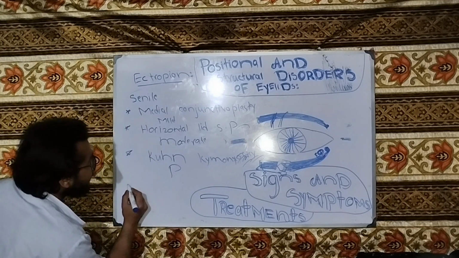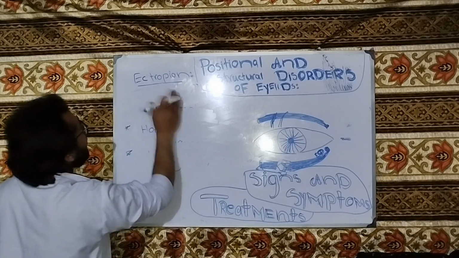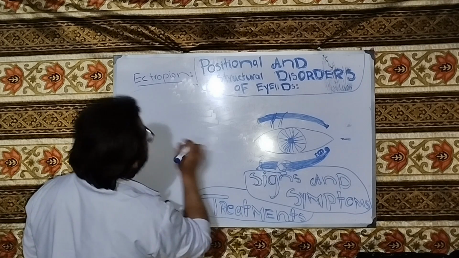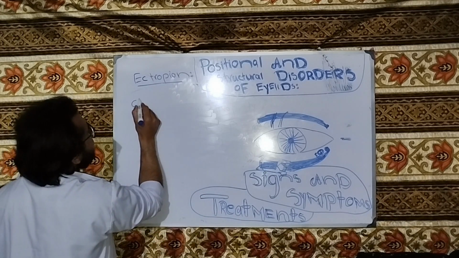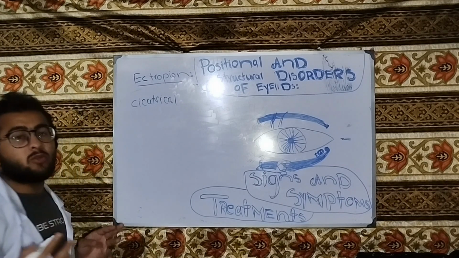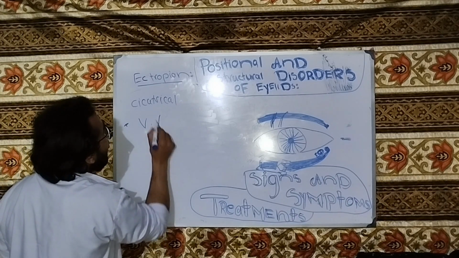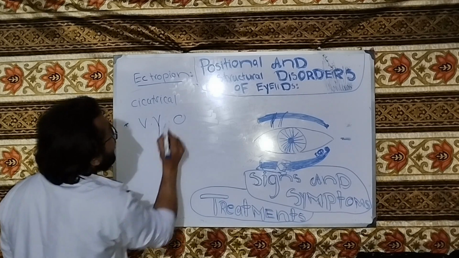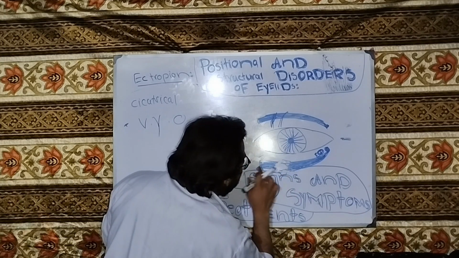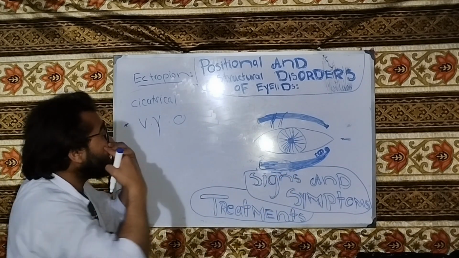Now in cicatricial ectropion, we are doing a procedure called the VY operation. If this is the lid, we will give an incision.